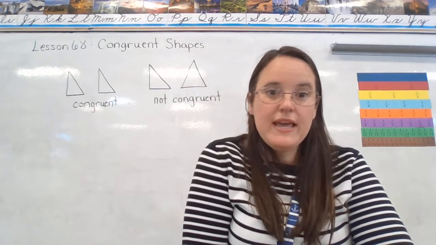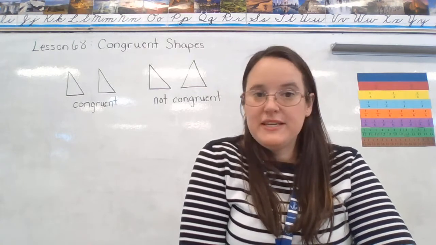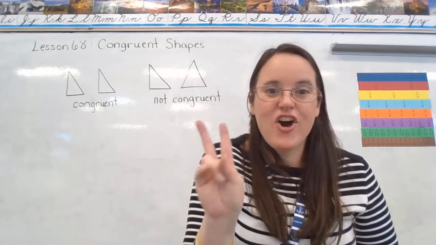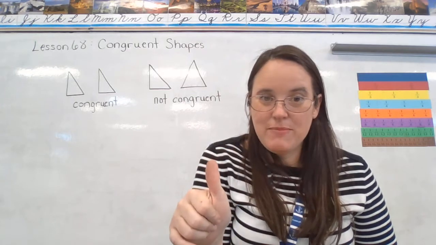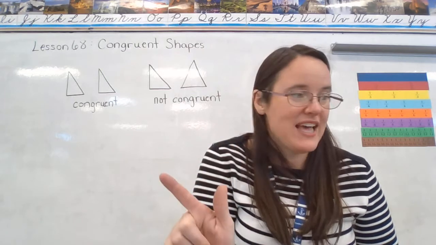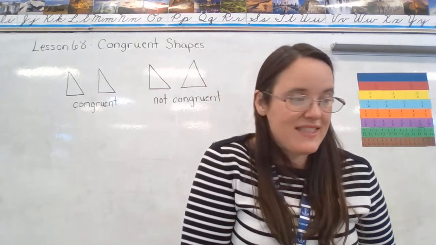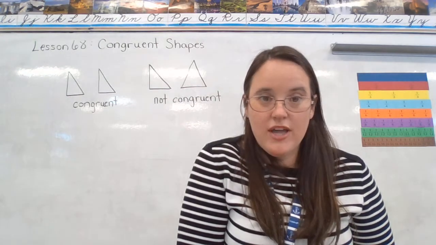Maybe it's a toy. Maybe it's something that's hanging on your wall. Maybe it's something that's sitting out on a counter. You're looking for two items that are congruent, which means they're the exact same shape and they're the exact same size.